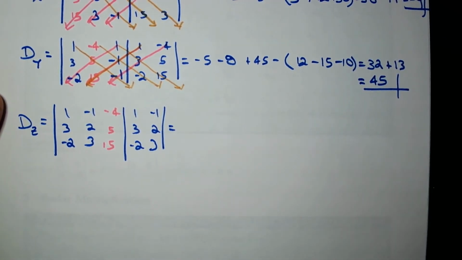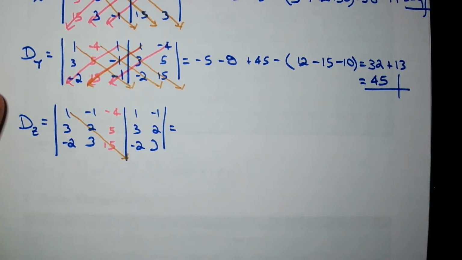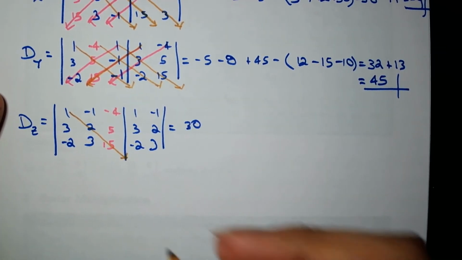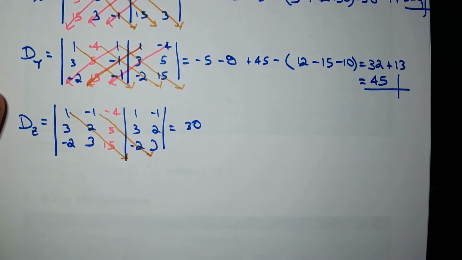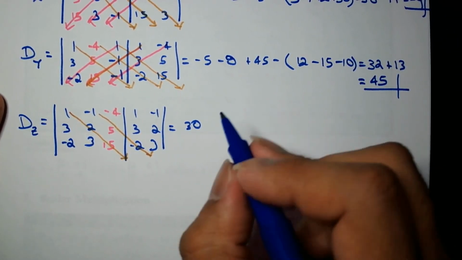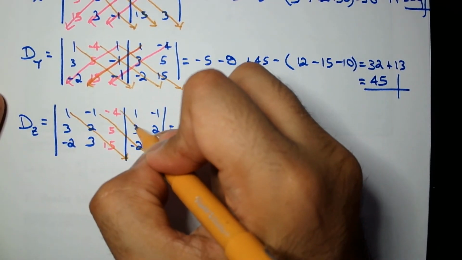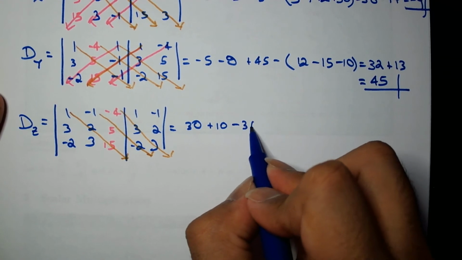So let's multiply. 1 times 2 times 15, that's 30. Negative 1 times 5 times negative 2, that's positive 10. And then negative 4 times 3 times 3, that's negative 36.